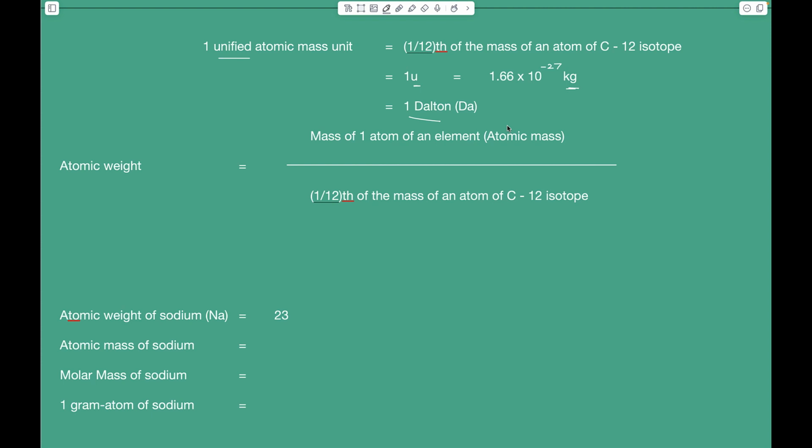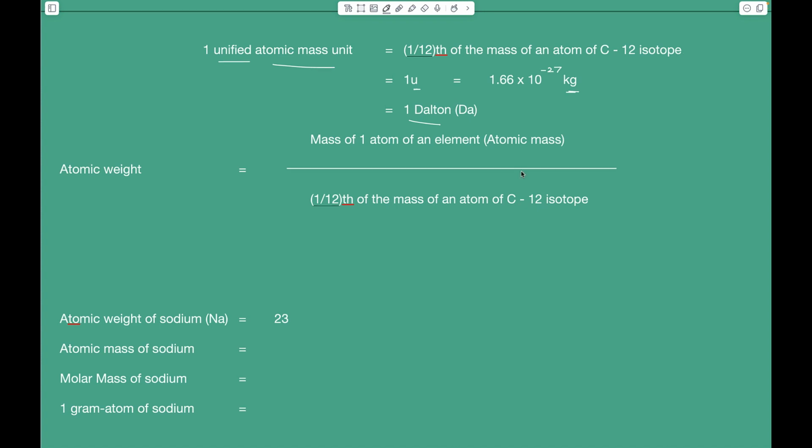So, using mass spectrometers, we experimentally measure the masses of atoms, molecules, ions, subatomic particles using unified atomic mass unit as the standard or the reference. That is, in comparison to 1/12 of the mass of an atom of C12 isotope.